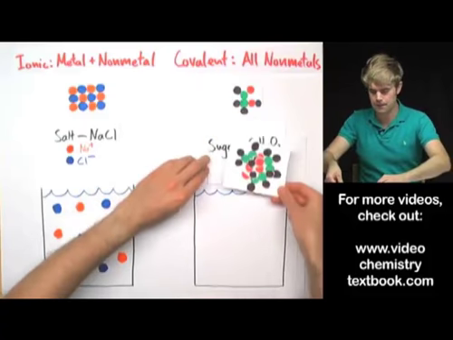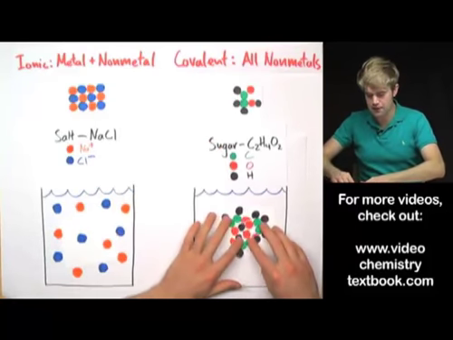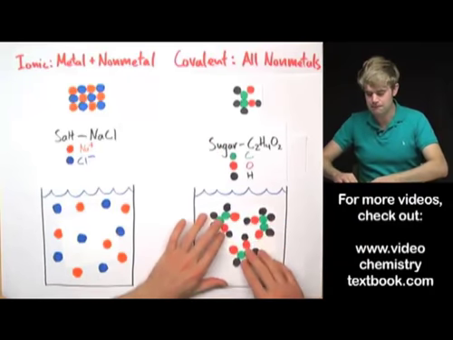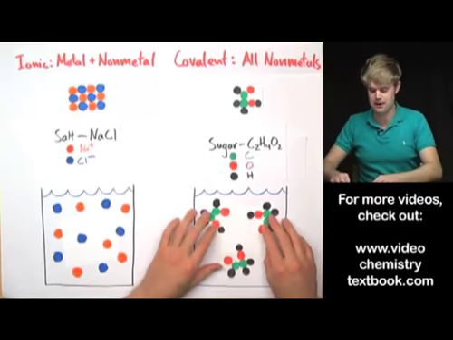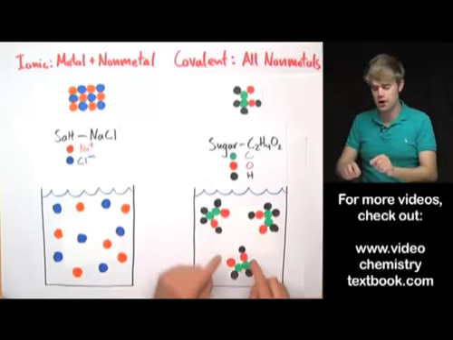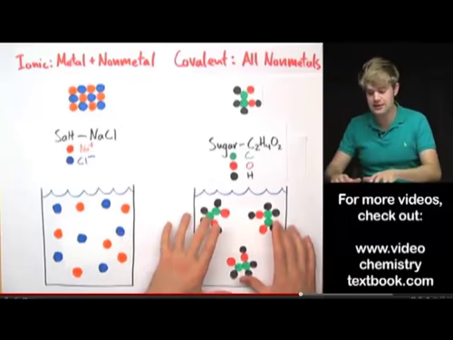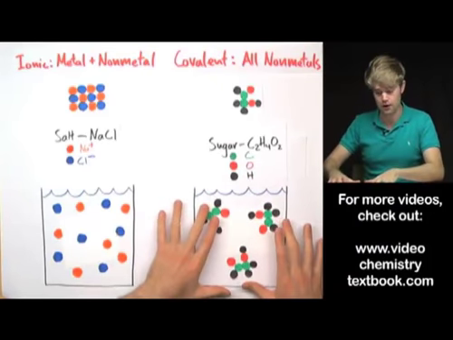Here's our grain of sugar. It goes into the water, we stir it around, and the grain of sugar is going to break up like we saw the grain of salt break up, but it's going to break up in a different way. It's going to break up into the individual molecules that made it up. But these molecules are not going to break up into the individual atoms. They're going to stay as molecules, and those molecules are going to start floating around in the water.